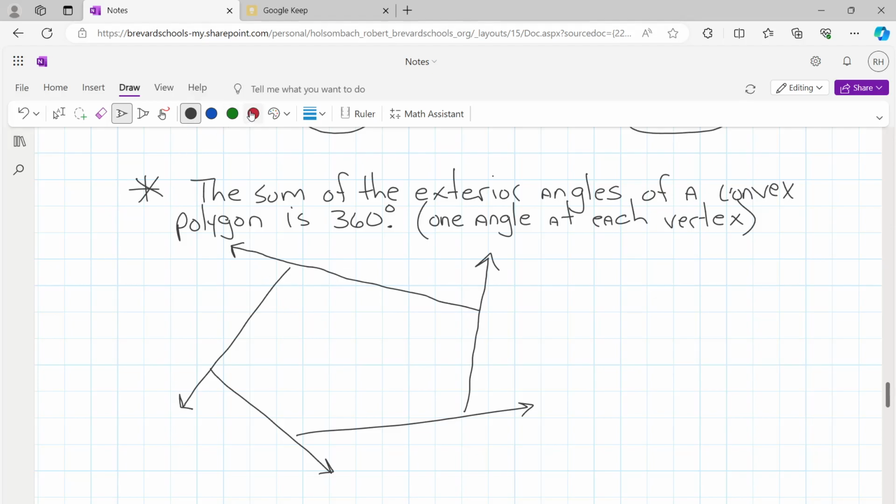We've got angle 1, 2, 3, angle 4, and angle 5. Those are the 5 exterior angles, one at each vertex for this pentagon. All right? So what the rule says is that angle 1 plus angle 2 plus angle 3 plus angle 4 plus angle 5 is going to equal 360 degrees.